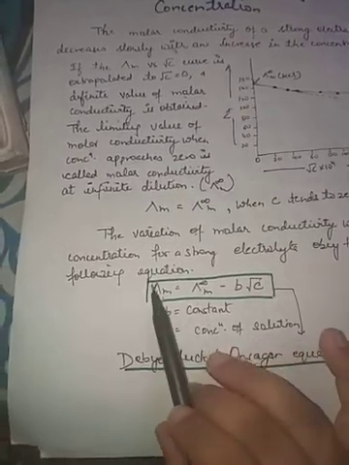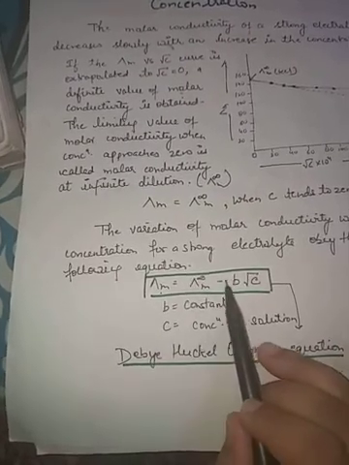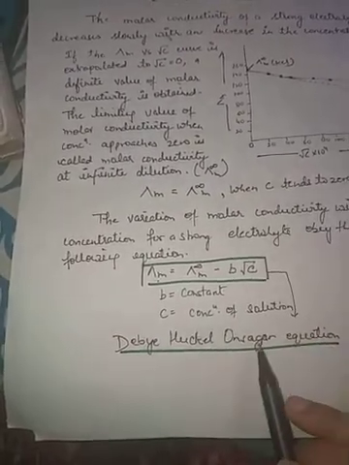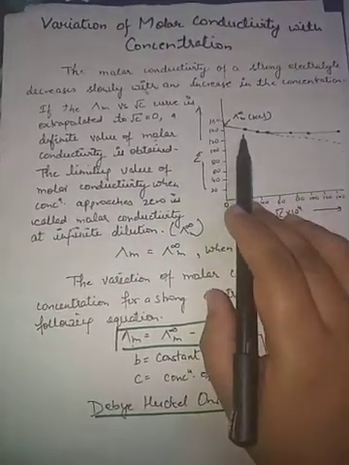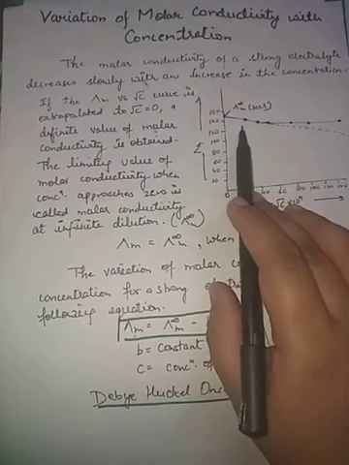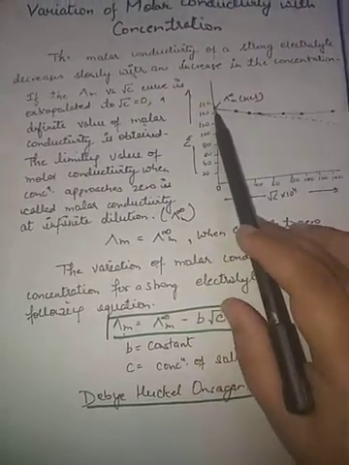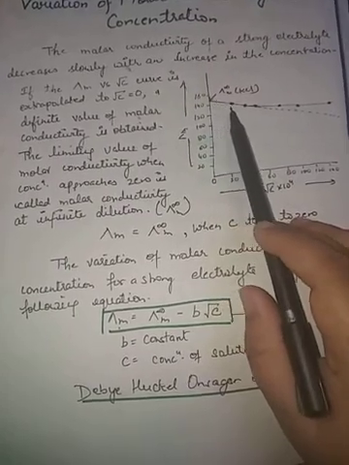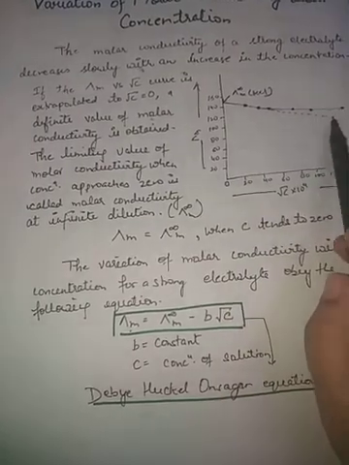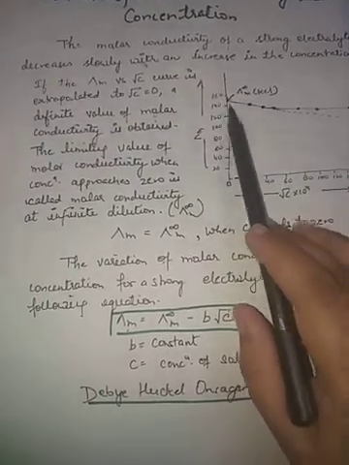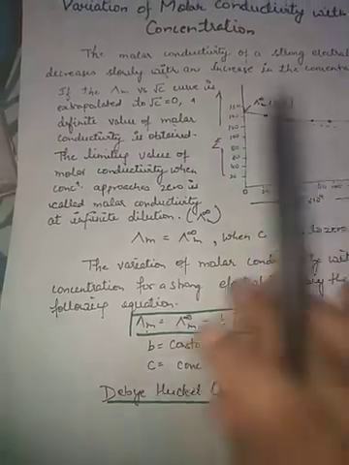This equation is called the Debye-Huckel-Onsager equation. So this was about strong electrolytes, which ionize very easily in solution, and we have seen that upon increasing the concentration of the strong electrolyte, their molar conductivity decreases, and upon dilution it increases and becomes maximum at infinite dilution.